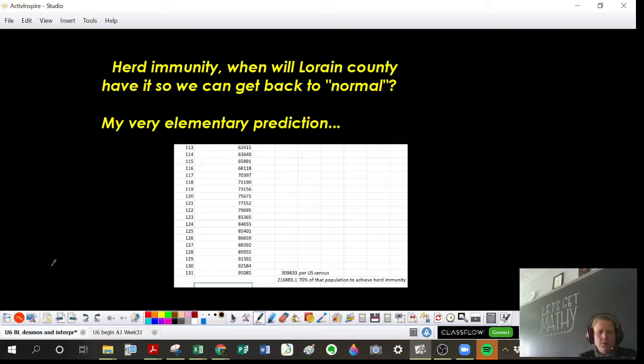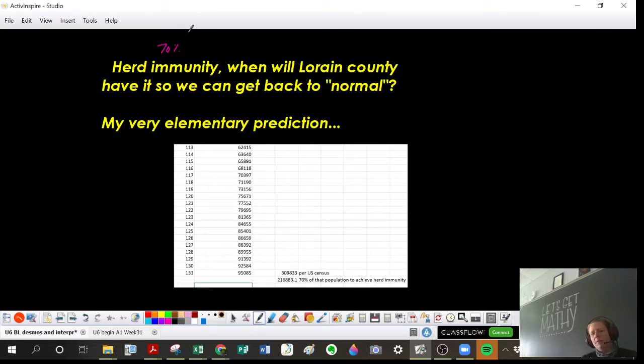So just doing a couple little basic Google searches here, it said that 70% of a population, well, it was actually, I think, 60 to 80. So I just split the difference. It said 70% of a population vaccinated. That's good enough to get us to herd immunity.